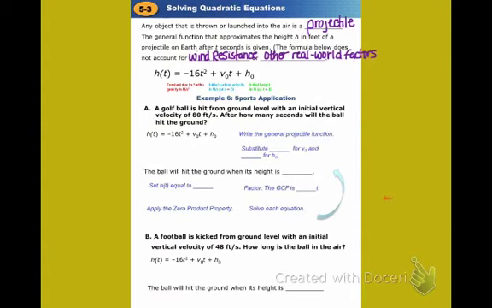Now what those things actually mean, well, the -16 is the constant due to Earth's gravity in feet per second. So that -16 is a constant value that was calculated that approximates the effect that gravity has on an object. Now the v sub 0 is actually specific to whatever the situation is, and it's the initial velocity.